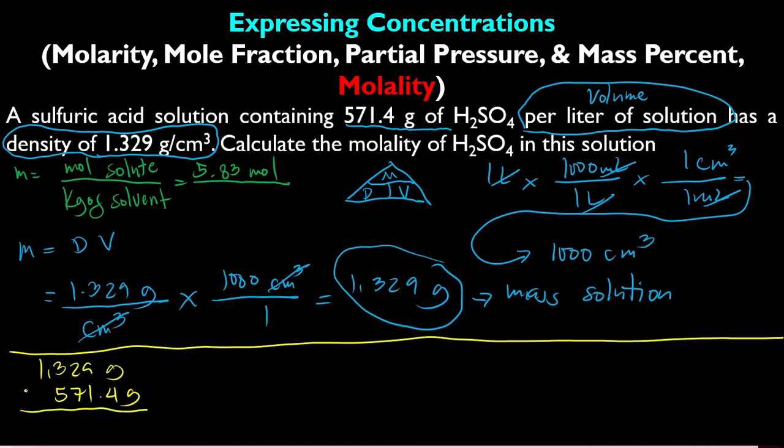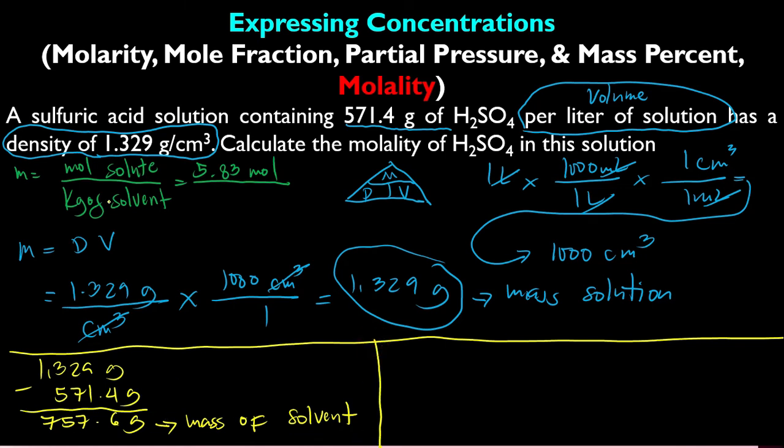So 1,329 minus 571.4 will give us 757.6 grams. This is now the mass of the solvent.